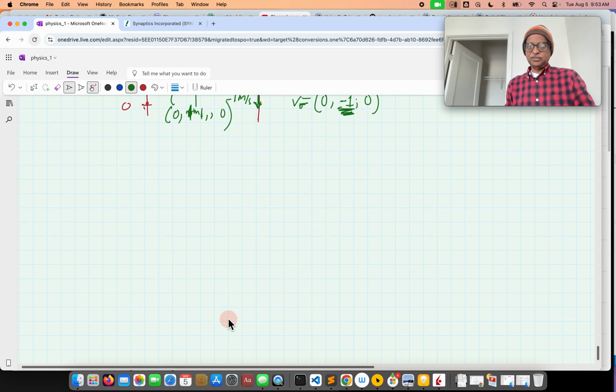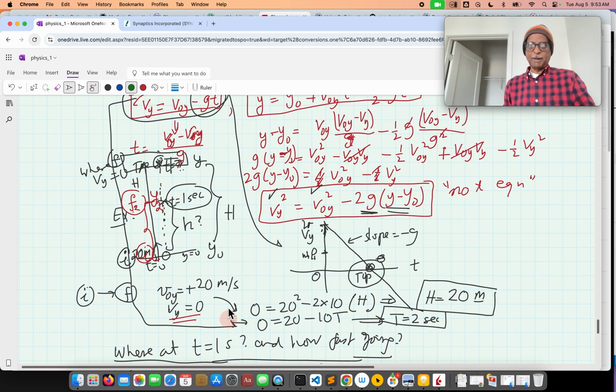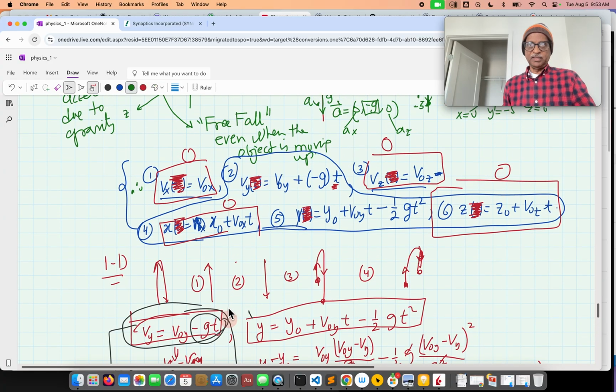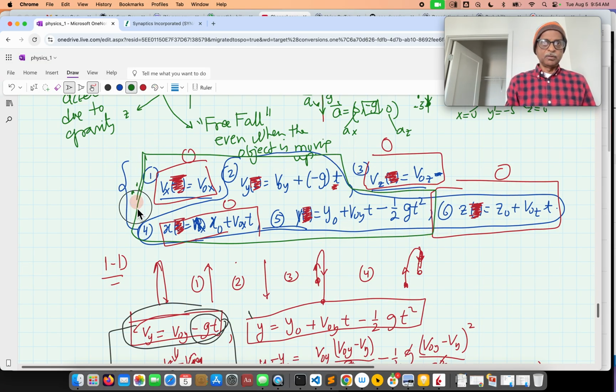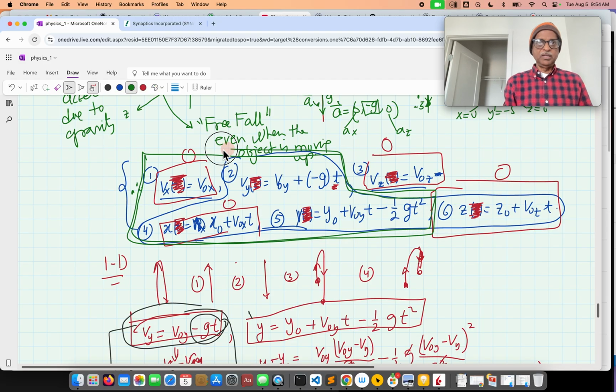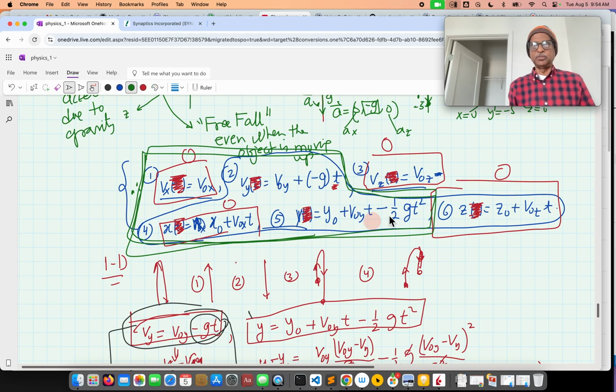So the next sort of example is where, let's go back here, where at least we use this part. We look at a motion in which you have both x and y going on, but no z.